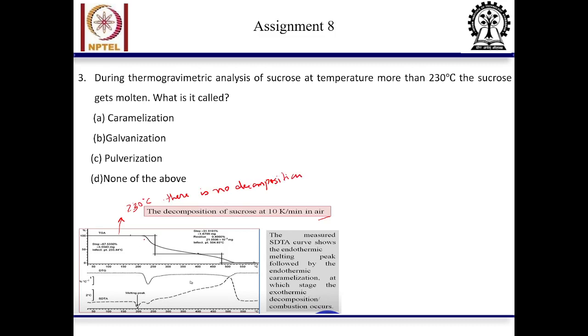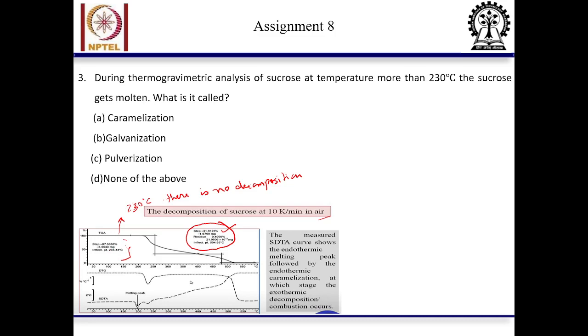But then the mass is decreasing. It is written here that there is a 31% mass loss. Okay, it's not written how much sample you have taken and how much it is losing in the first step. In this step, 67% of the mass is going out.